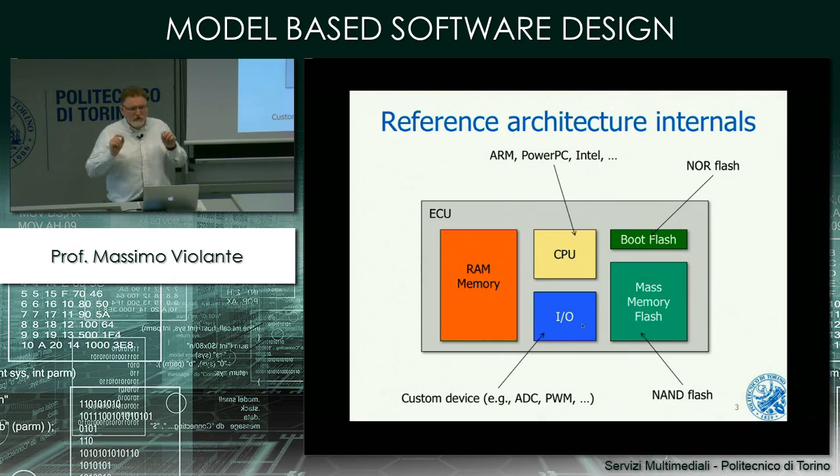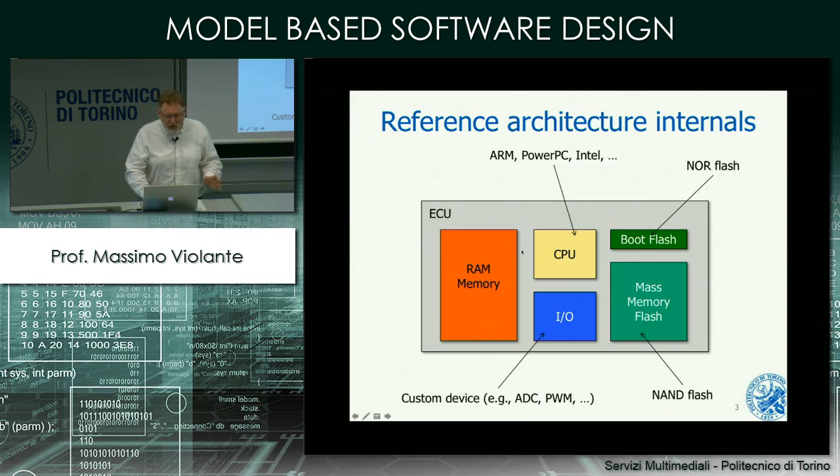Again, these are not discrete components. These are functional units. The functional units can be mapped into multiple components or could all be integrated inside the same component. It depends on the processor family that we will use for deploying this reference architecture.